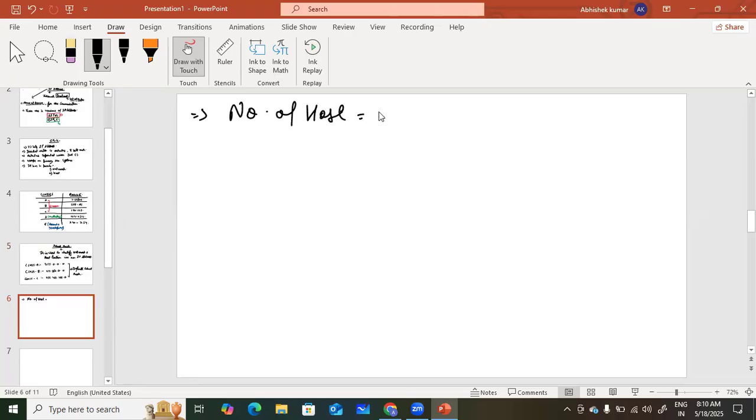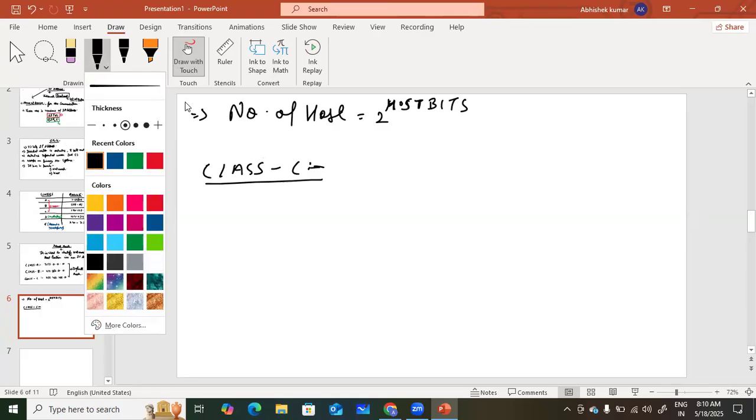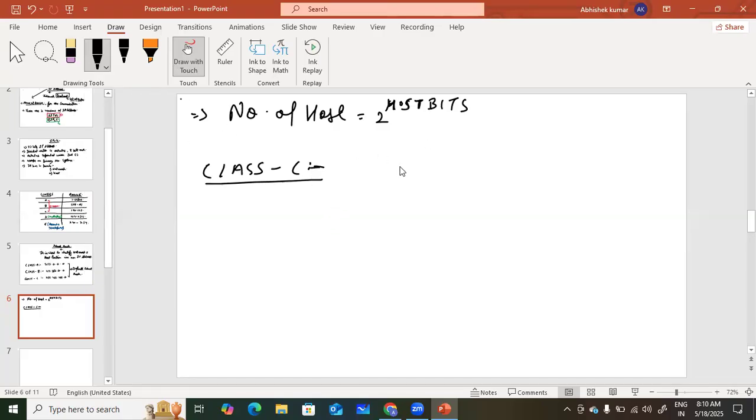The formula is 2 to the power host bits. I'm starting with class C first of all. What is the default network and host portion in class C? Can I say 3 octets of network and 1 octet of host? This is the default.